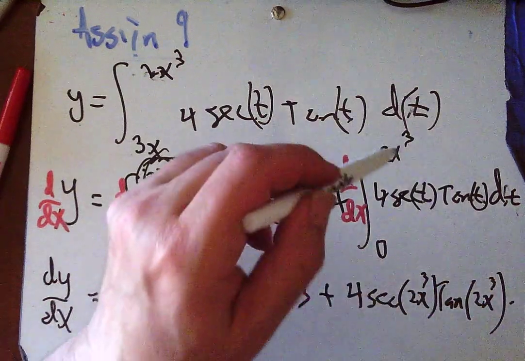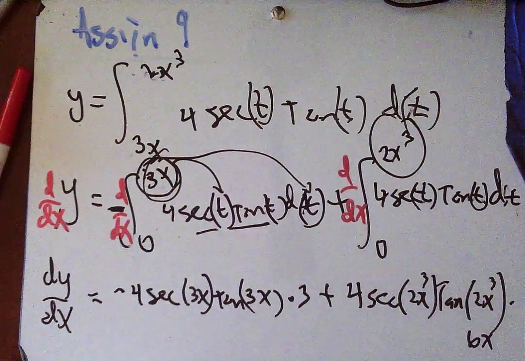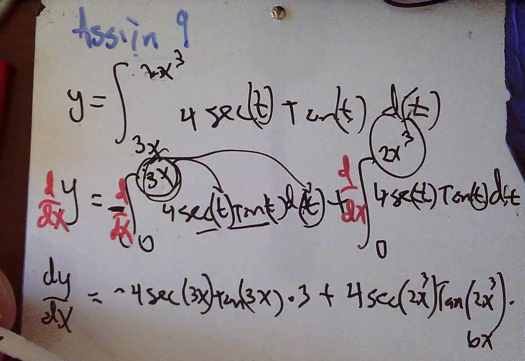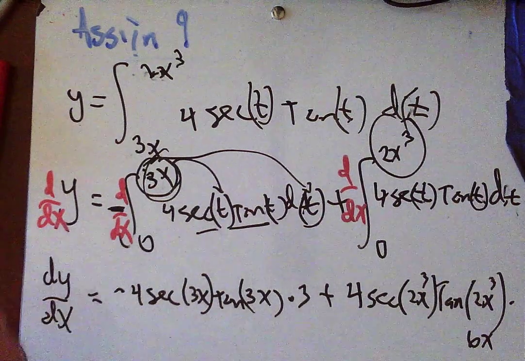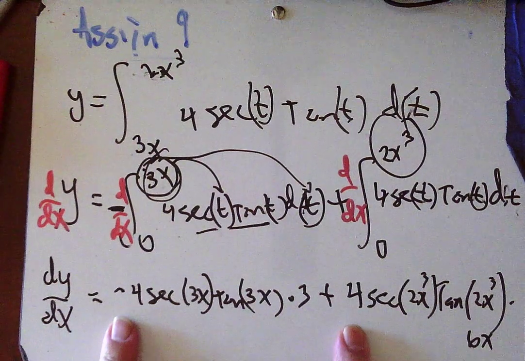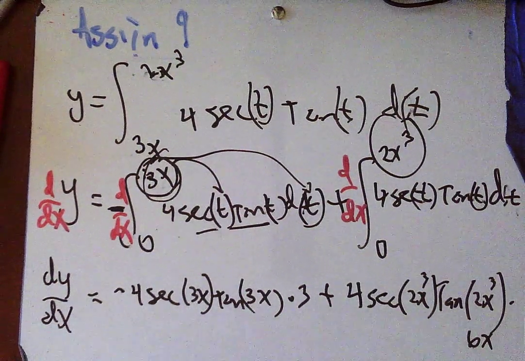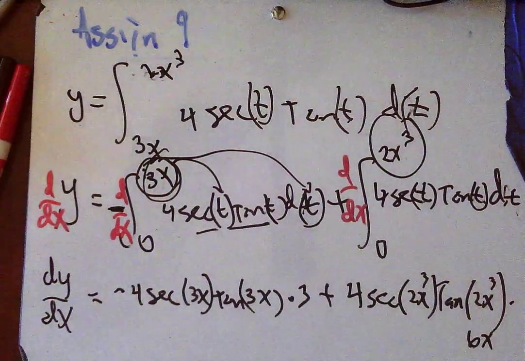But don't forget we still need to have the derivative of that, which is going to be 6x. I don't particularly see factoring that I can do except for the 4, so I'm probably not going to do any factoring. Ooh, and a 3. Still, I don't think I'm going to do any factoring there. Mostly, I just want to make sure you're comfortable with FTC 1 in those situations.